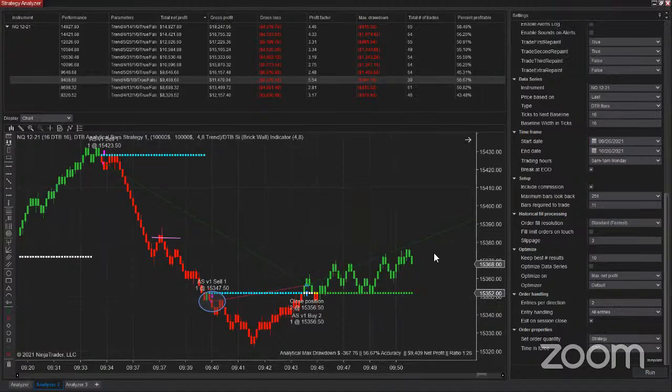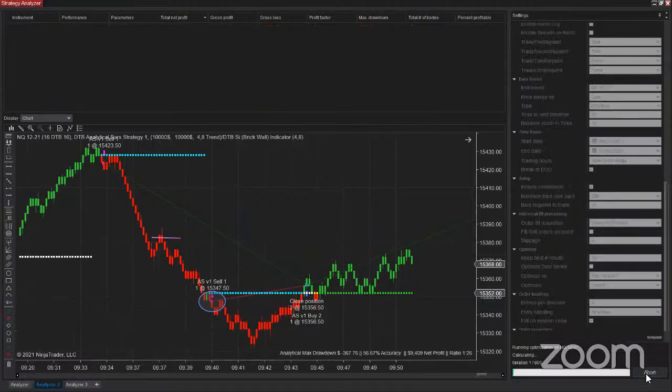So if you are looking at the strategy, I'll just do it very quickly over here. We've got a bit of time, which is good. So I'm going to put 4 entries per direction, and I'm going to run this exact optimizer again, just on the 1616 bar, and just see what comes up in the results.